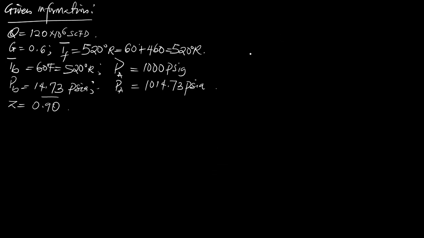Now let's draw the diagram. From here to here, you move a distance like this, and there is a loop now. And it joins here again and goes like this.